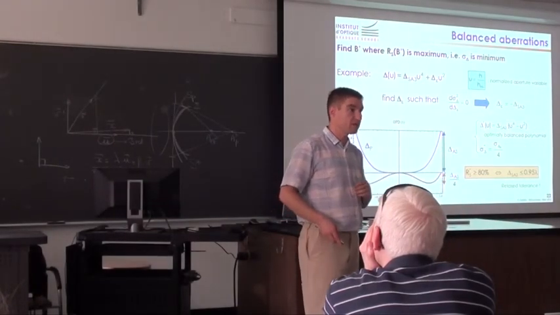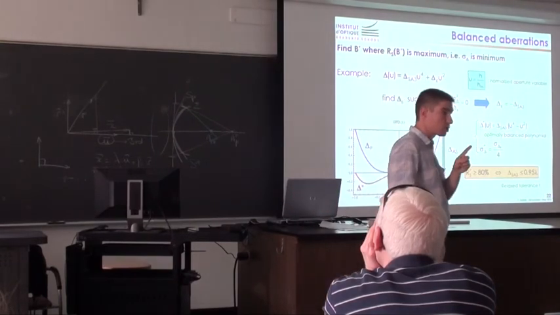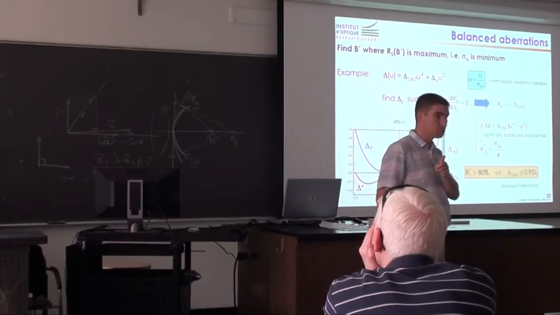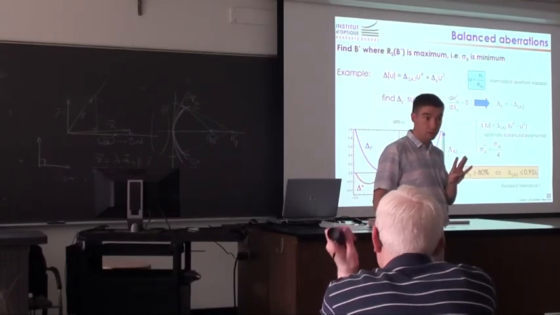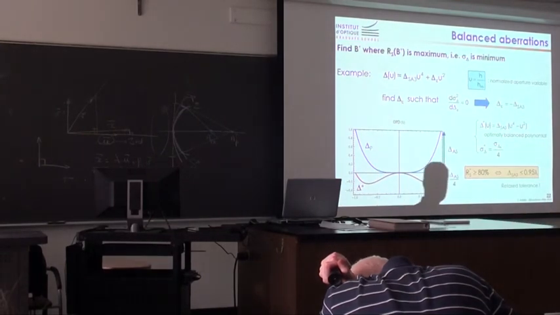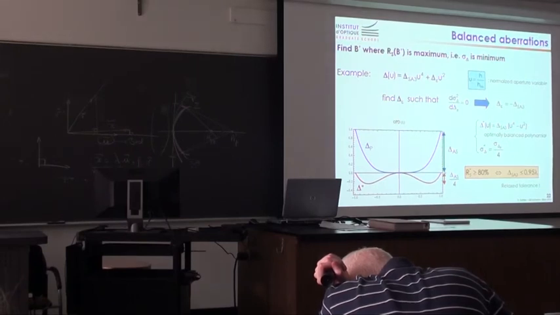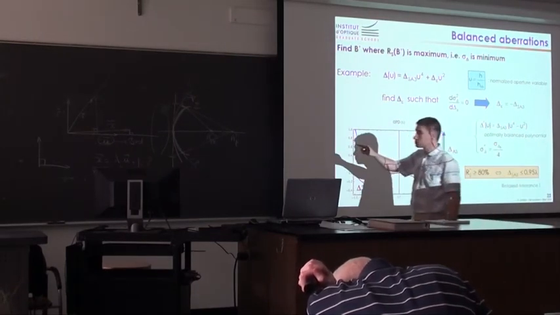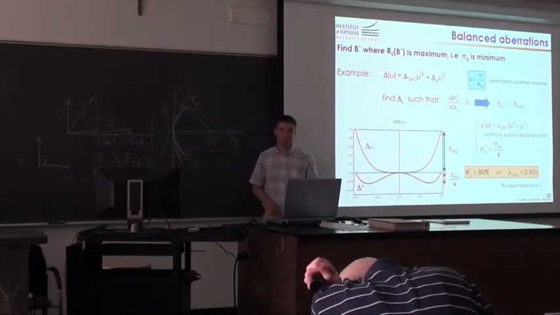We saw yesterday that the maximum Seidel spherical aberration you could have is 0.24 lambda times 4. That's 0.96 lambda. Okay. So actually, you can get as much as that, provided you put your CCD at the right point. Okay, there.